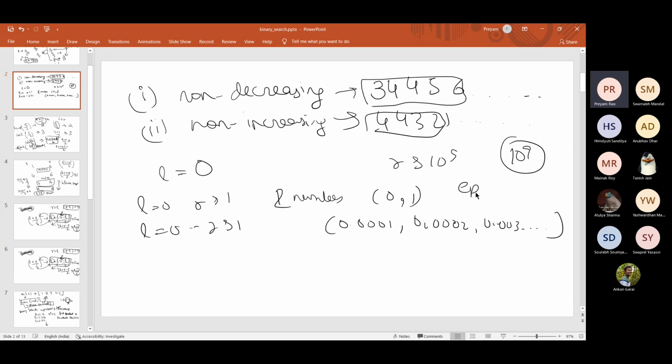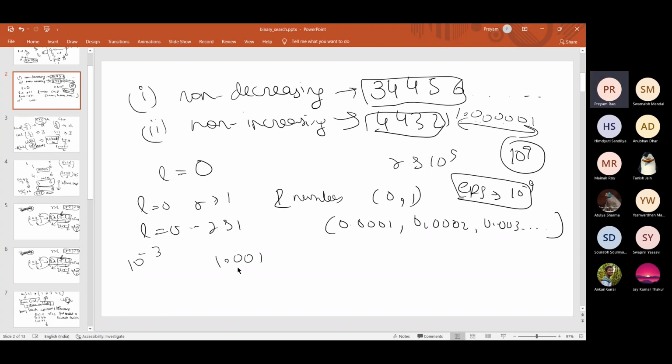Now, since we have taken epsilon as 10 power minus 9, you can think of epsilon as the maximum precision, the number up to which we are going. So if it were 10 power minus 3, then we'd go up to this number: 10 power minus 1, 10 power minus 2, 10 power minus 3, right? So between 0 and 1, you'd have 0.001, 0.002 up to 1.